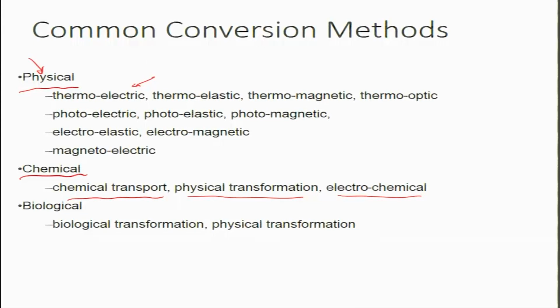If the source of the analyte happens to be biological, where the measurement is some kind of a biological transformation process or a physical transformation process that we are studying, then the sensor falls in the biological sensors domain. So, I think we had very clearly illustrated when we talked about MEMS all these three: physical, chemical and biological sensing systems.